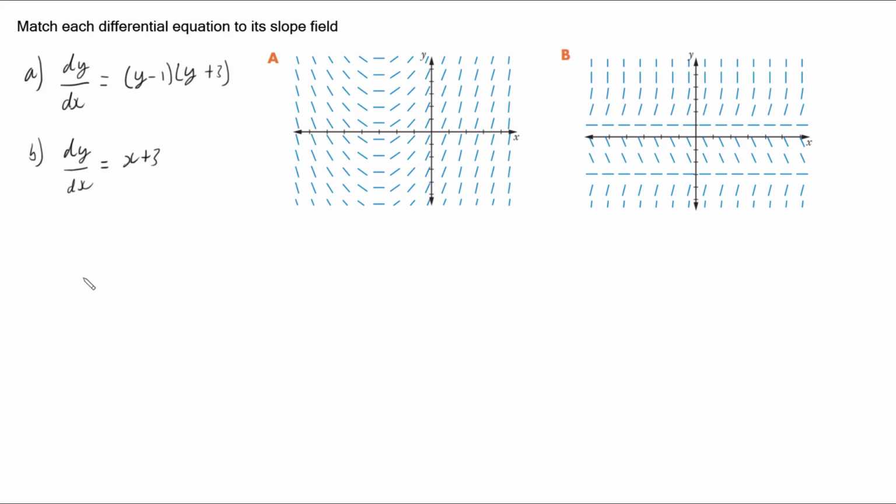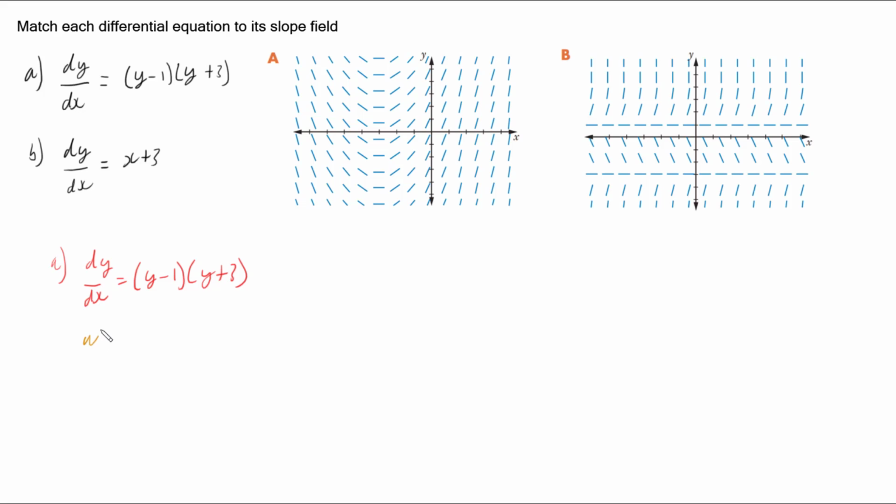So if we have a look at part A, we've got dy dx equals (y minus 1) times (y plus 3). If we look at the right hand side, where I've got these two bracketed terms, we can substitute values into y and see what would happen to the slope at those points. The two obvious ones to try are the ones that make these two factors 0.